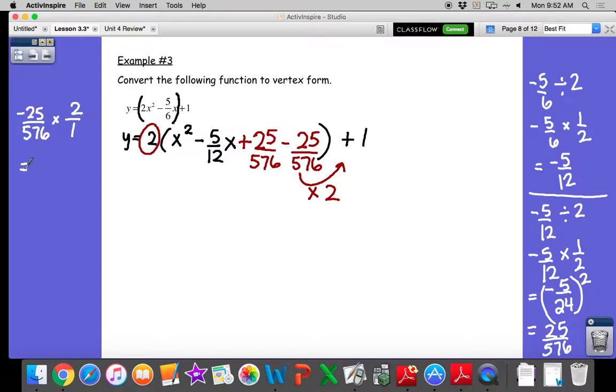That would give me negative 50 over 576. So that's the number I'm removing outside of that bracket.